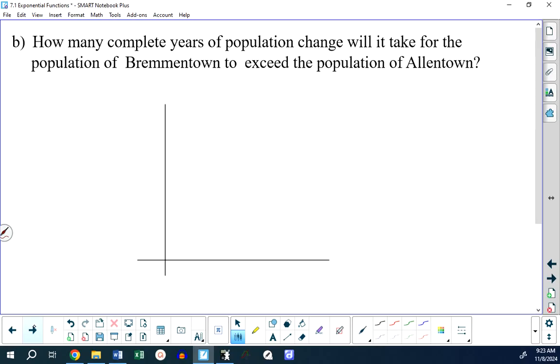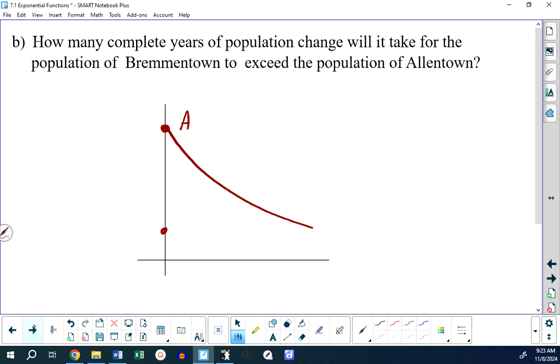How many complete years of population change is it going to take for Brementown to surpass Allentown's population? I do not mean how many years will it take Brementown to reach a population of 75,000. I mean, if this is Allentown decreasing at 5%, and this is Brementown, I just want to throw something your way.